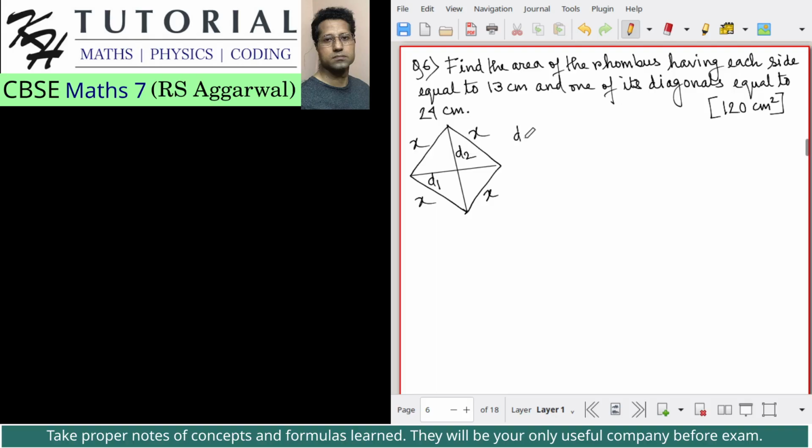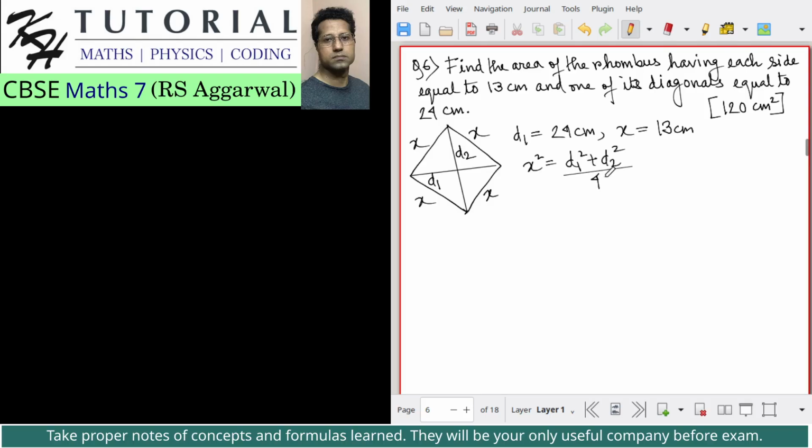Let's say d1 is given to be 24 centimeter, and x is given to be 13 centimeter. We know how d1, d2 and x are related in this rhombus. Applying Pythagoras theorem, we will see that x square is equal to d1 square plus d2 square by 4. This is also an important formula that you must always remember.